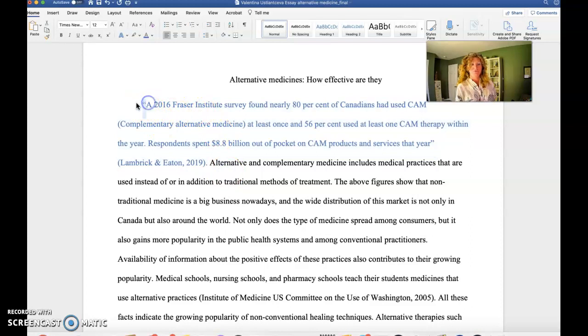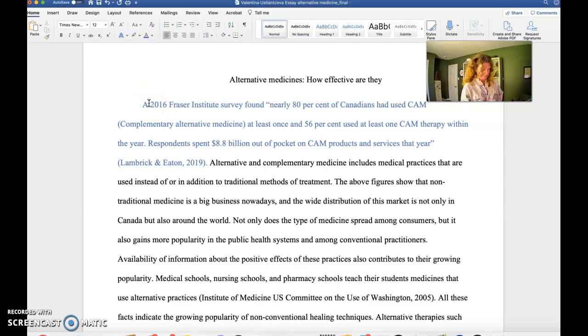You can start right out, as this student did, with quotation marks right away, directly into the quote. Although it's probably better if you integrate it, okay? So you could say, get rid of this, and you could say, according to a Fraser Institute survey, comma, and then right here, you could start with your quotation marks, okay? So I would probably do that.